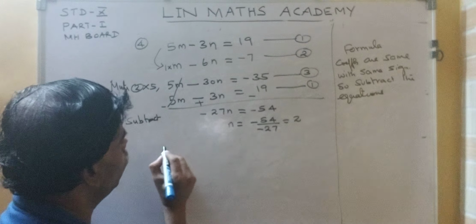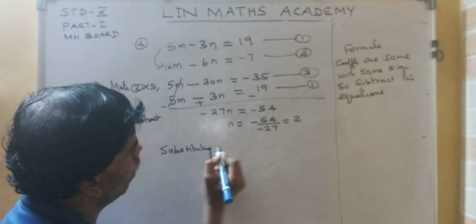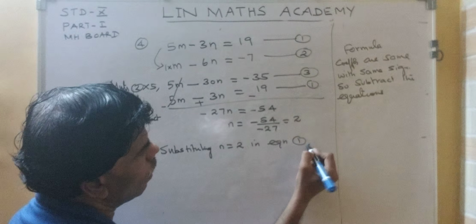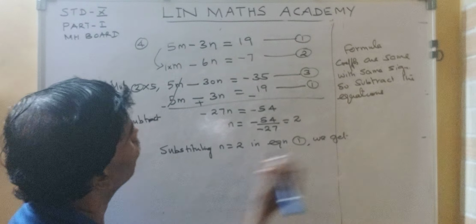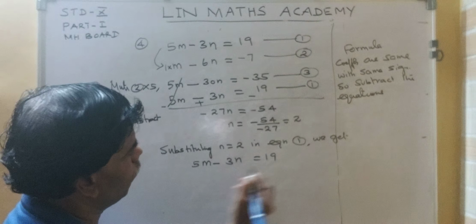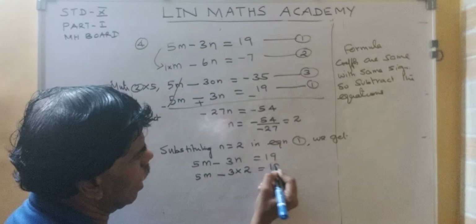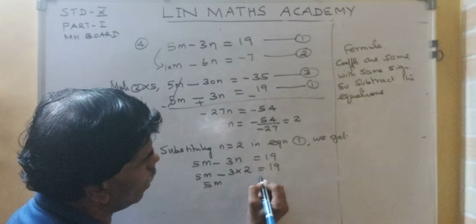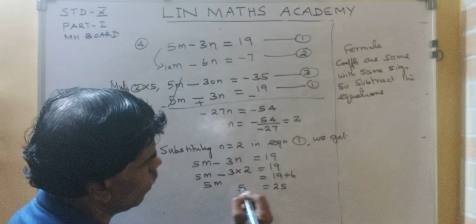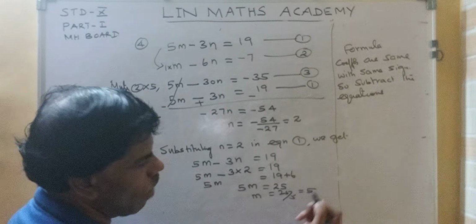Now as usual, substituting n equal to 2 in equation 1, we get 5m minus 3n equal to 19. So 5m minus 3 into 2 equal to 19. So 5m equal to 19 plus 6 equal to 25. So m equal to 25 upon 5 equal to 5.